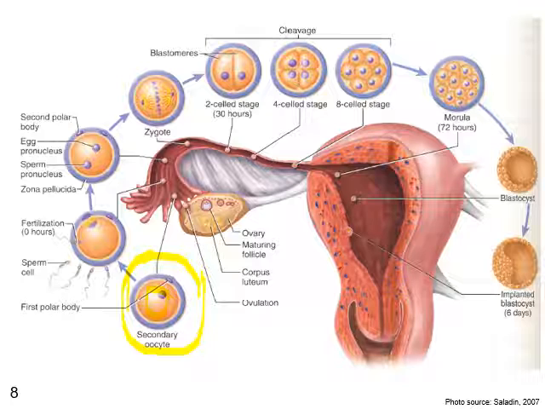The blue and pink are illustrating the zona pellucida in this cartoon. Fertilization that we have just walked through: the second meiotic division occurs. We have a sperm genome and an oocyte genome that fuse to form the zygote.